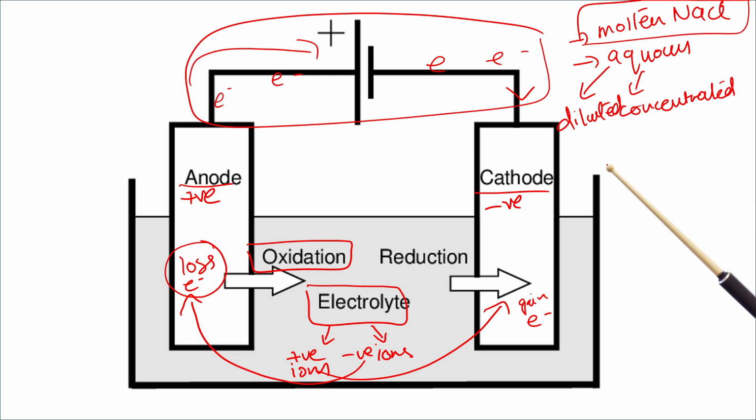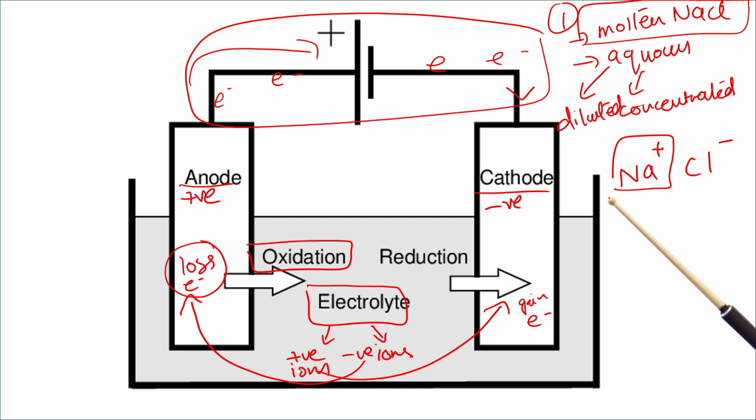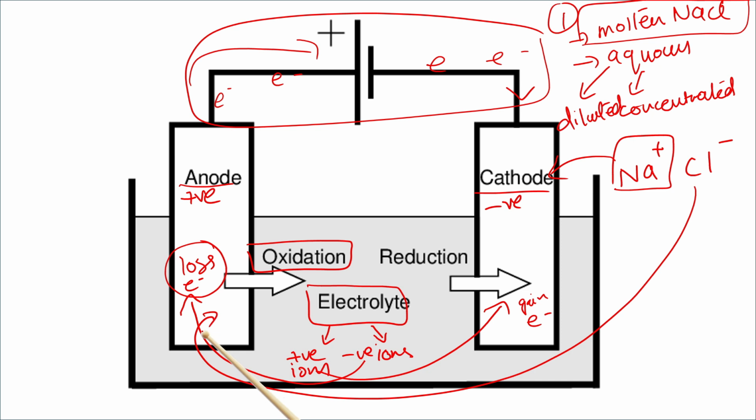So for example, the first one, if you have molten, molten has no water, right? It means it's just the melted ionic compound. So it will produce two types of ions, sodium and chloride ions, right? So sodium ions, because it's a positive charge, will of course move towards the cathode, whereas the chloride ions will move towards the anode.